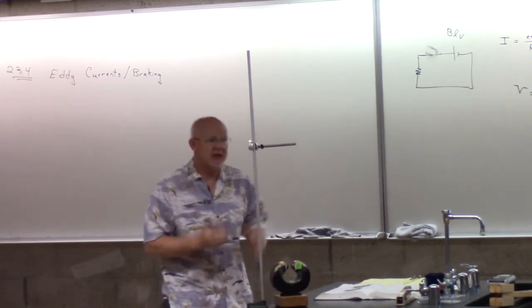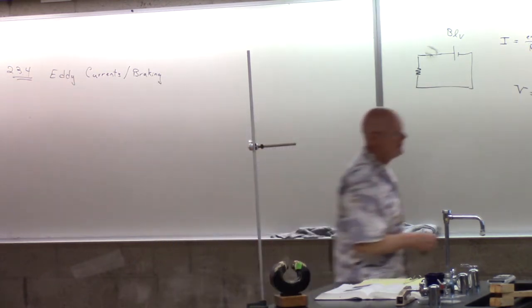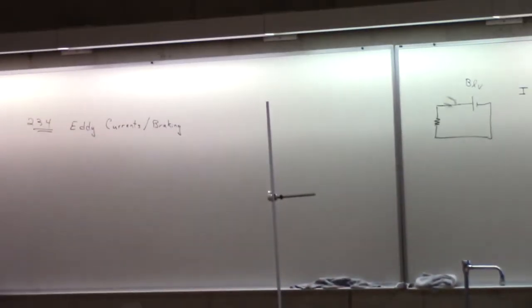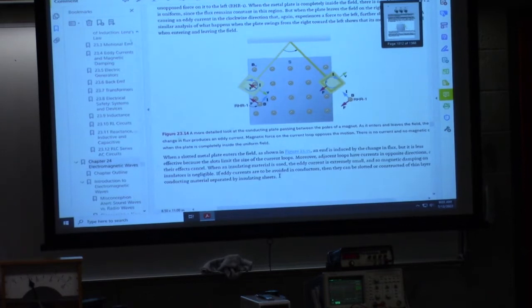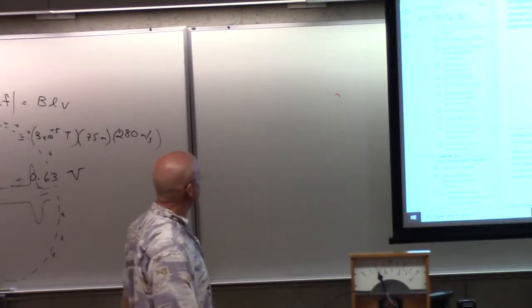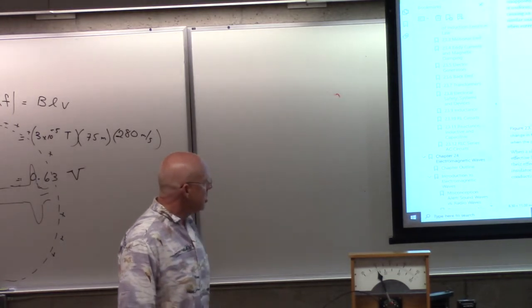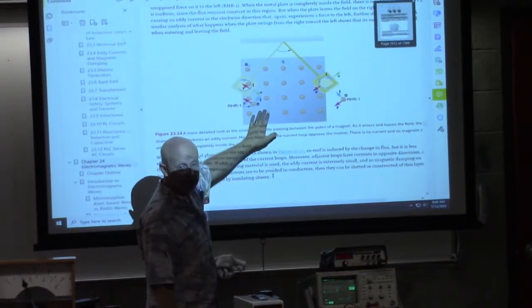It blocks it. It slows it down. It's a braking effect. Exactly. And so that's what I keep saying. We have to understand Faraday's law with Lenz's law. And then all the stuff in the past, if we put that together, we get some very interesting behavior. And again, that's what this whole chapter is centered around. So this would be, as your author is trying to point out, a braking effect as it is entering.